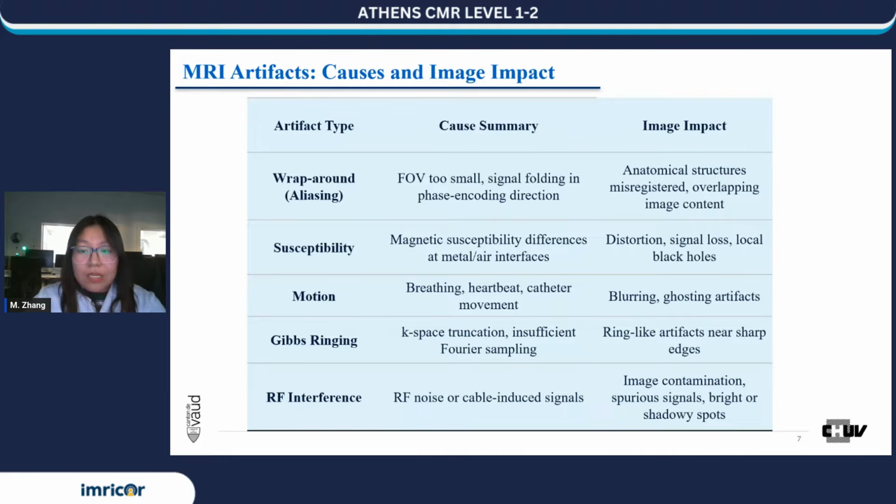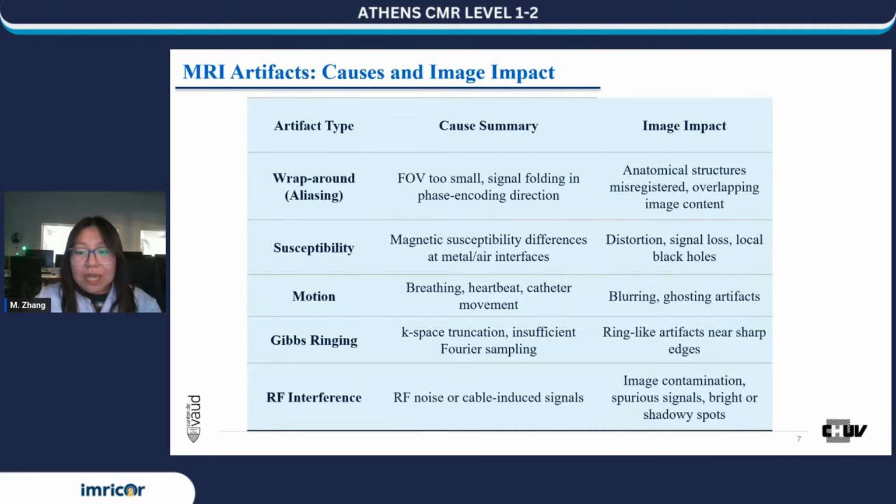In general, in clinical and interventional MRI we encounter several types of artifacts. Here's a quick overview. Wraparound occurs when the scanned object exceeds the field of view. Susceptibility artifacts result from metal or air interfaces.